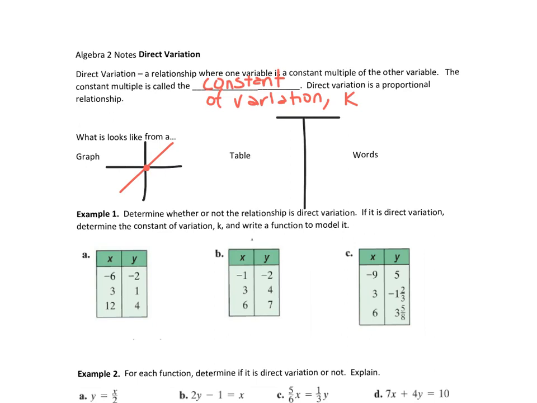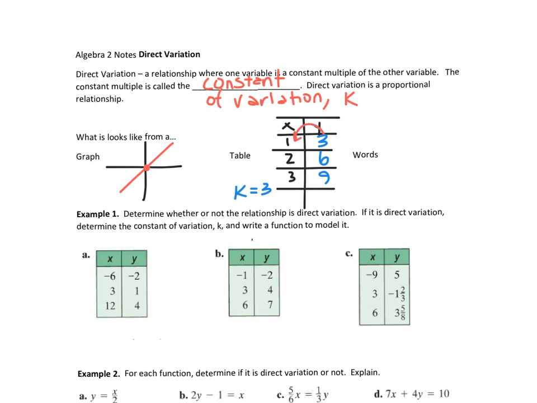In direct variation from a table, if you had an XY table, each one of the numbers for X would be multiplied by the same number to get the Y. That's called the constant multiple or the constant of variation. So for example, if our constant of variation is 3, then 1 times 3 is 3, 2 times 3 is 6, 3 times 3 is 9.